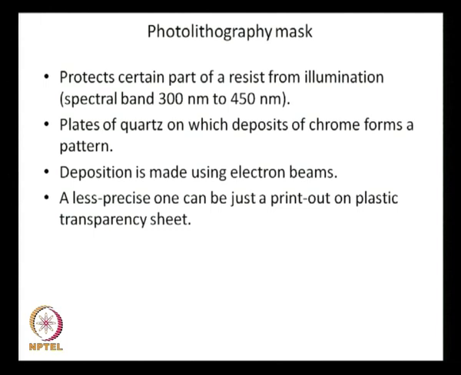Now, when it comes to making a channel of width 1 millimeter, you can always do it in a traditional machining process using something called a lathe machine. However, when it comes to making a channel which has a width of the order of 1 micrometer, it is difficult. I mean, 1 micrometer is a very small dimension.